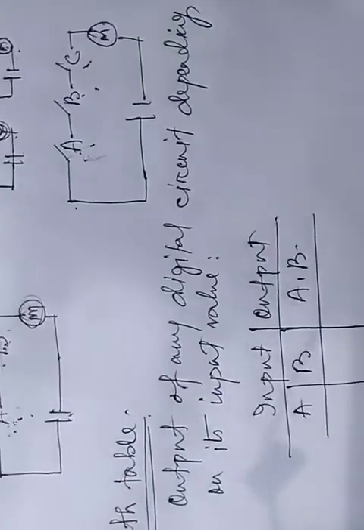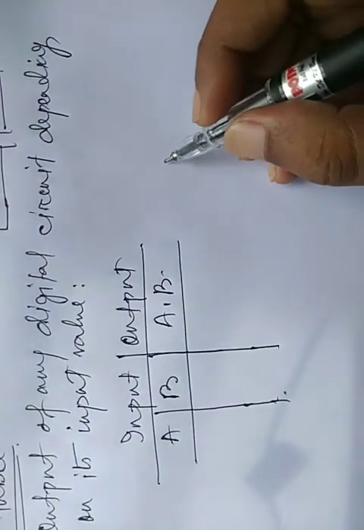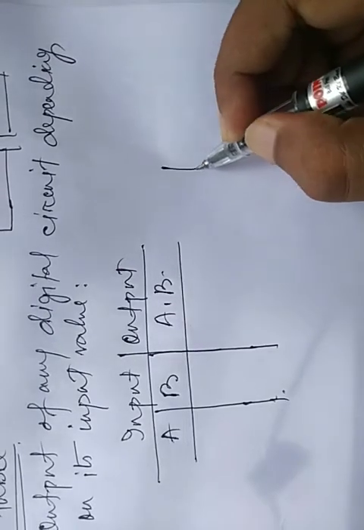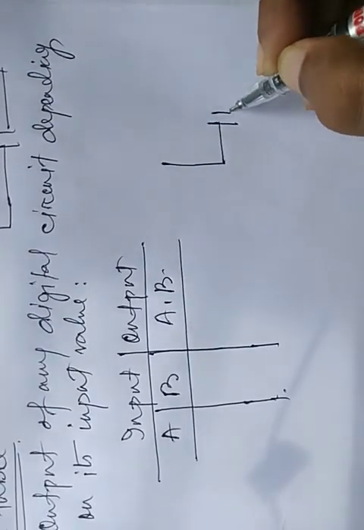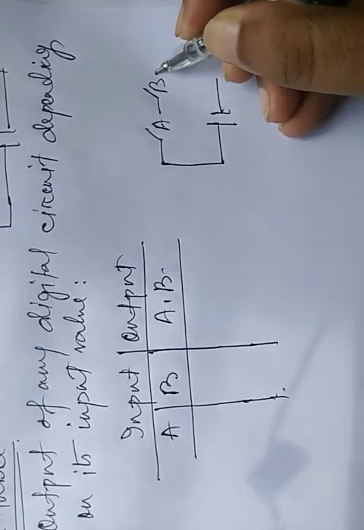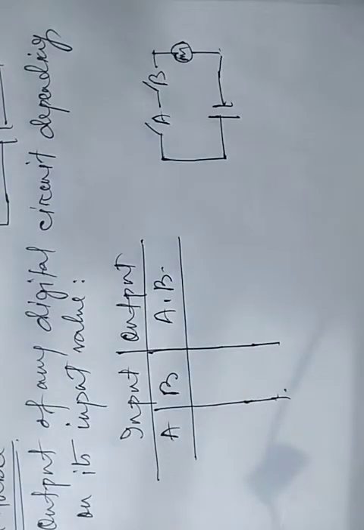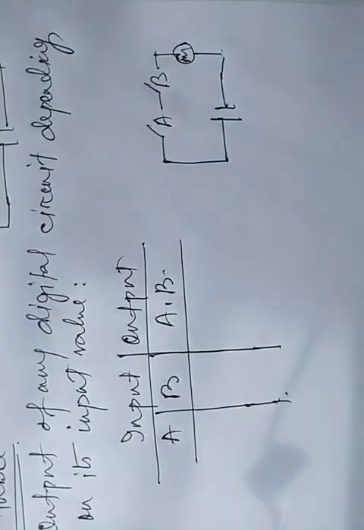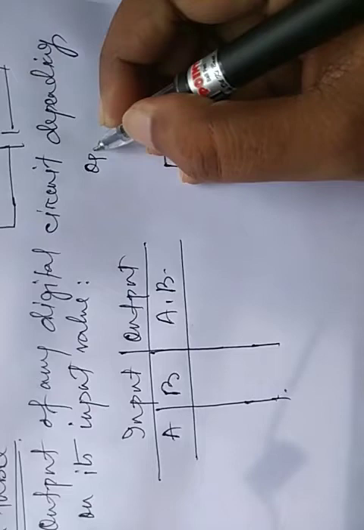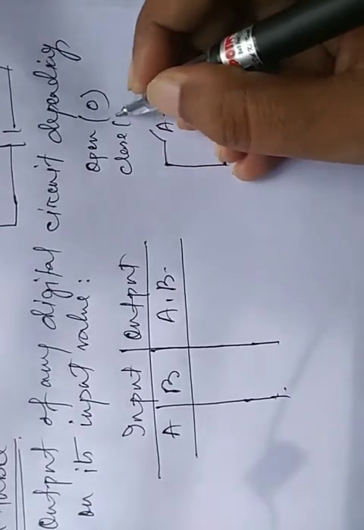Now let us draw the circuit here, then it will be clear to you. 2 values, 1 1. Okay, mind it, open state means 0, closed state means 1.